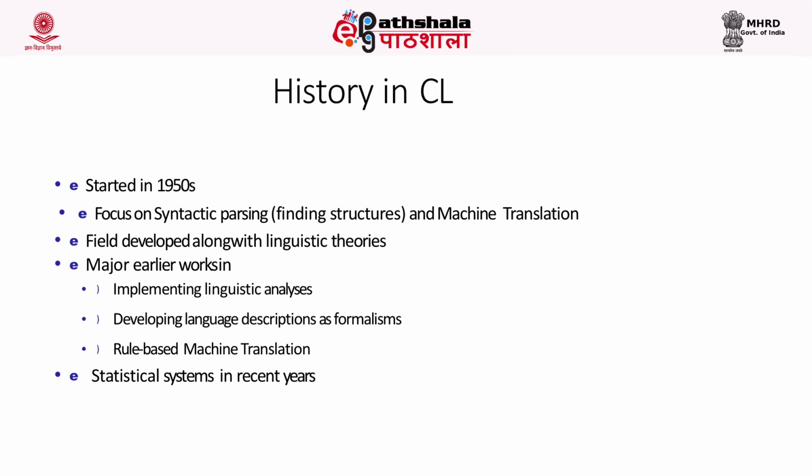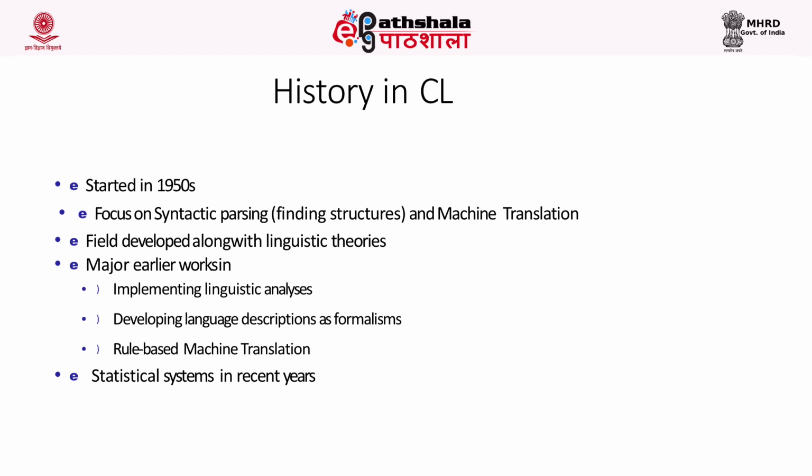In parallel, the area of machine translation, with its focus on application, was also evolving, where people wanted to apply linguistic knowledge to computational methods and develop applications which were of social and immediate use.